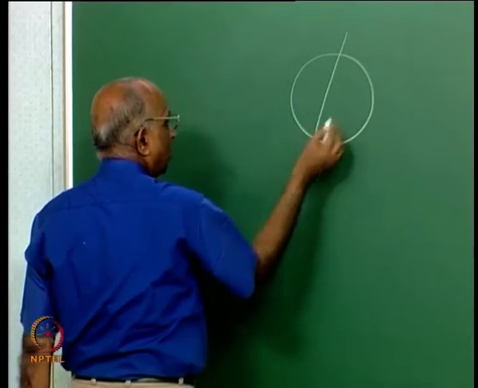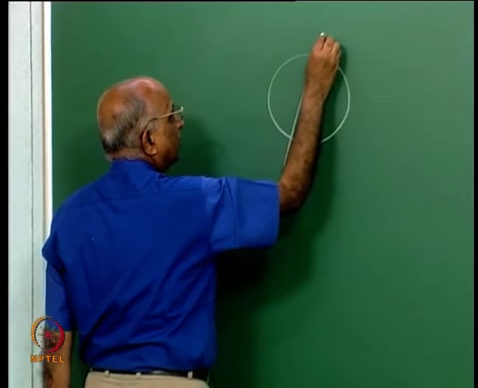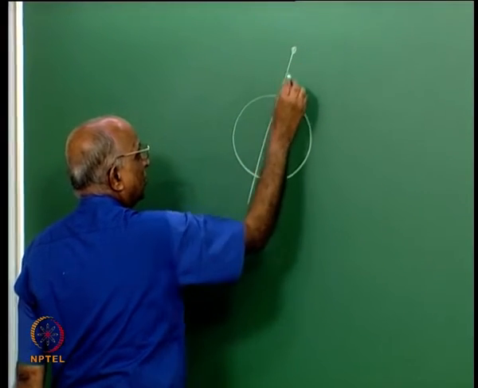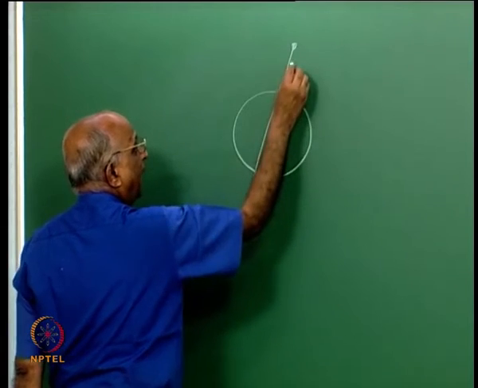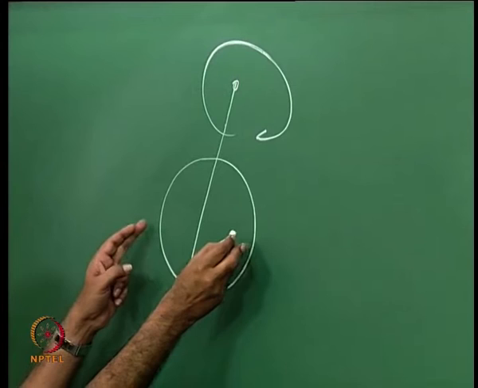The earth rotates on its axis, and when the body or the satellite moves with respect to the earth, the rotation of the body with respect to the earth is the same.